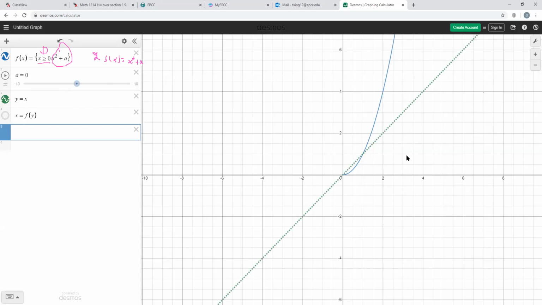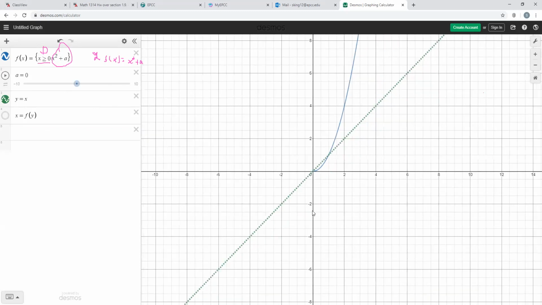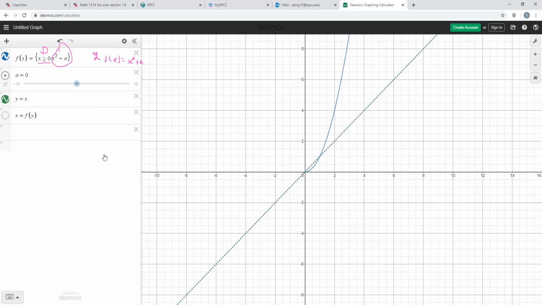So for example, the point 2, comma, if you put 2 into the squaring function, well, 2 squared is 4. So I just wanted to emphasize this point right here is on the original parabola.